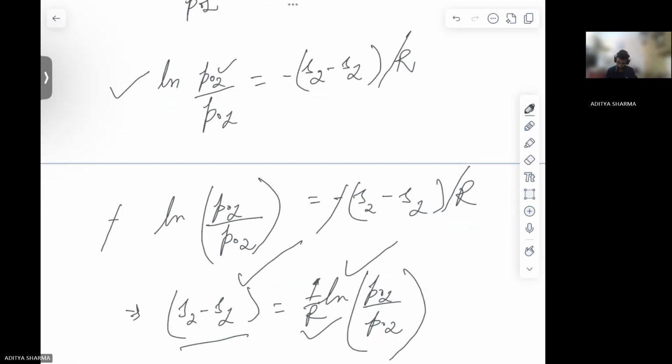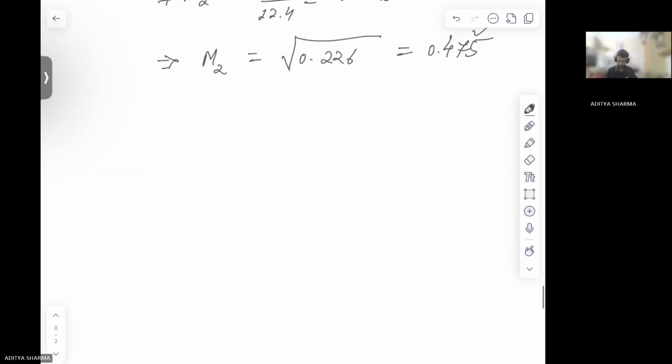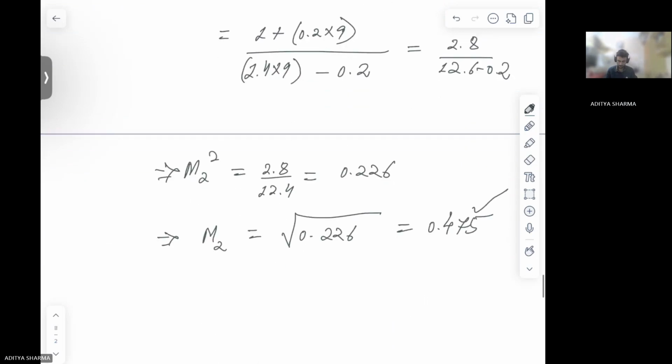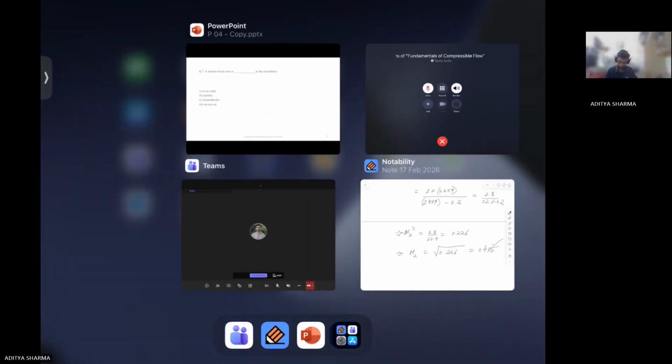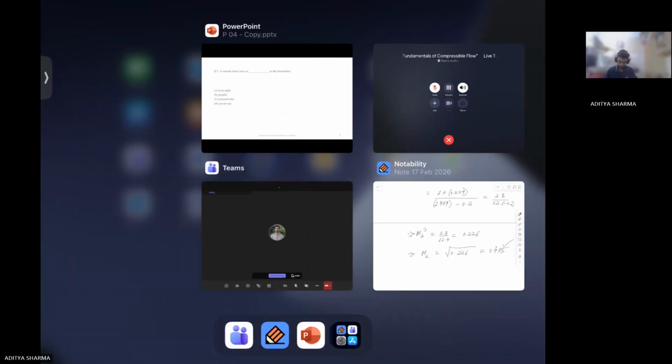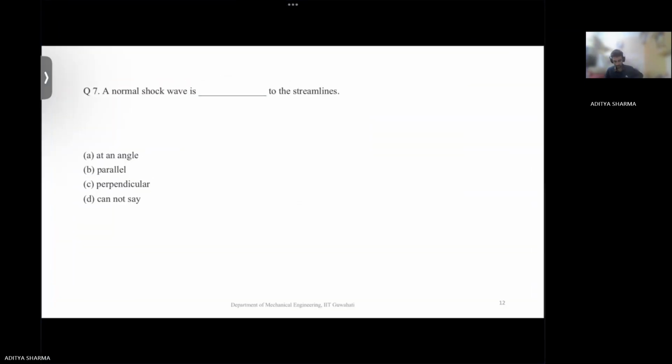So this will be in numerator. So this question says that a normal shock wave is dash to the streamlines.